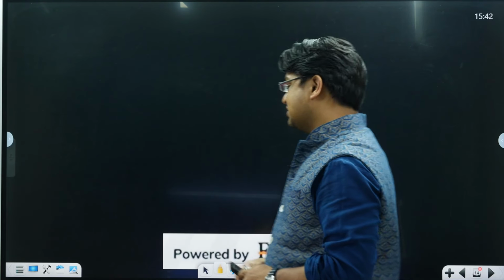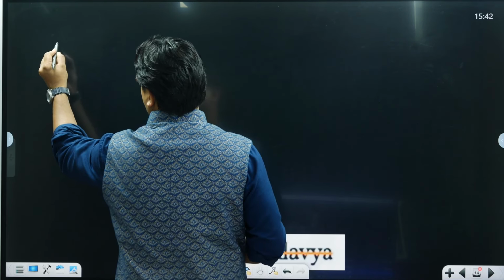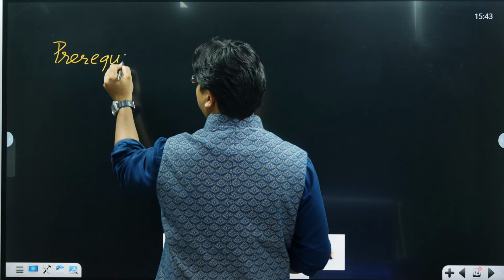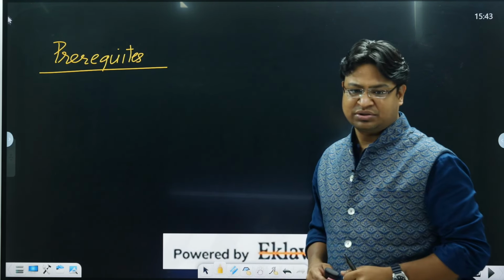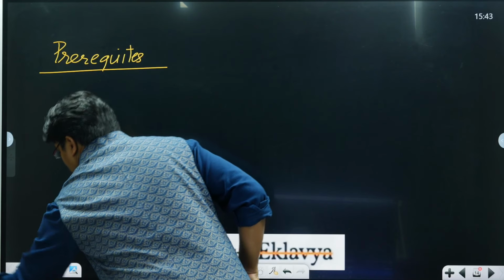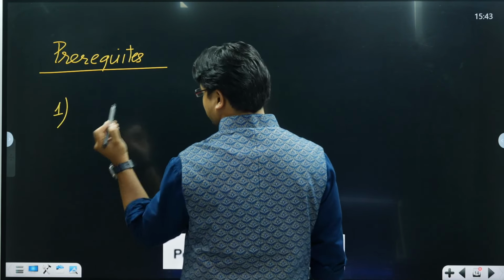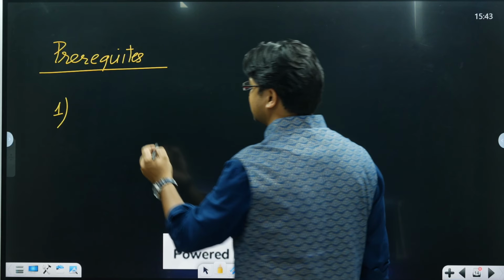So guys, what are the prerequisites? What are those concepts that I think you should know to understand this situation? The first one: you should be aware of the magnetic force on a moving charge particle.